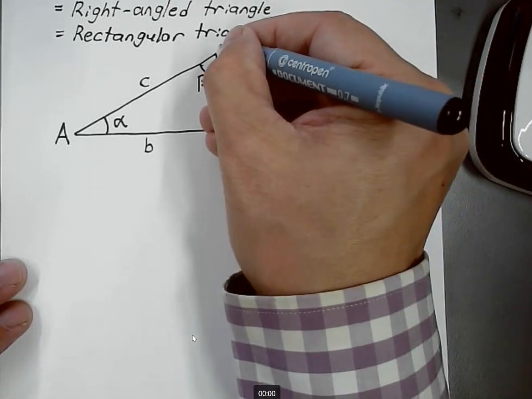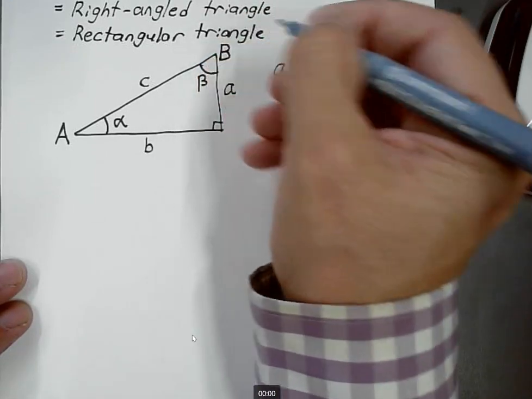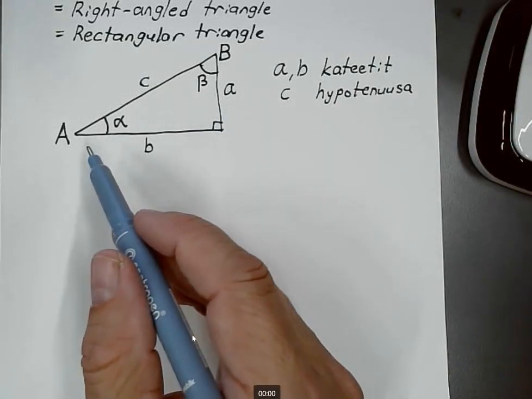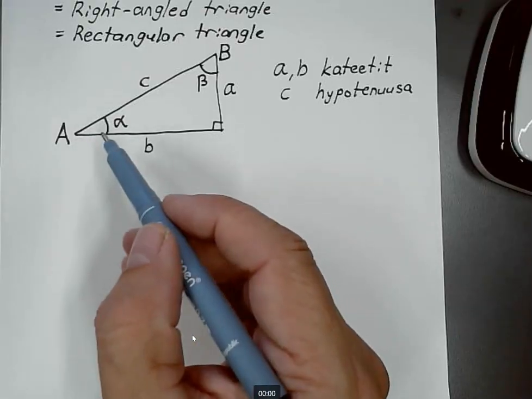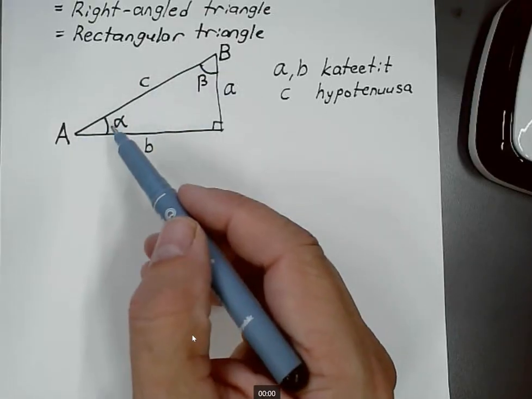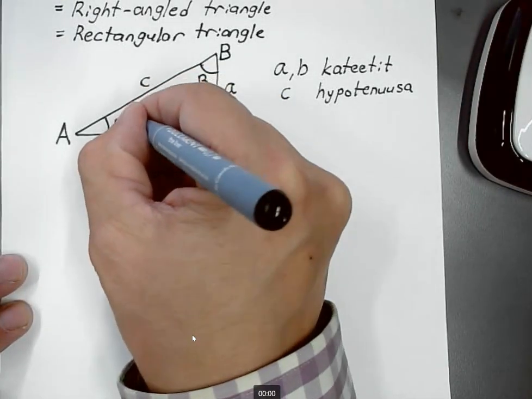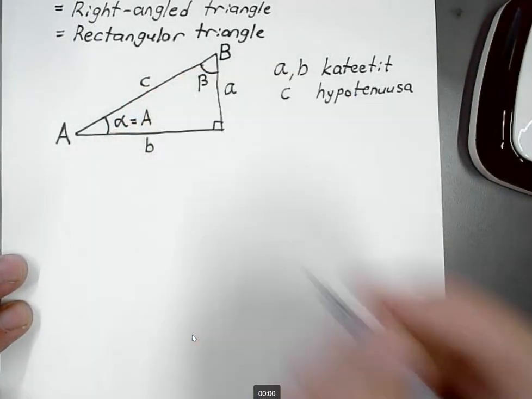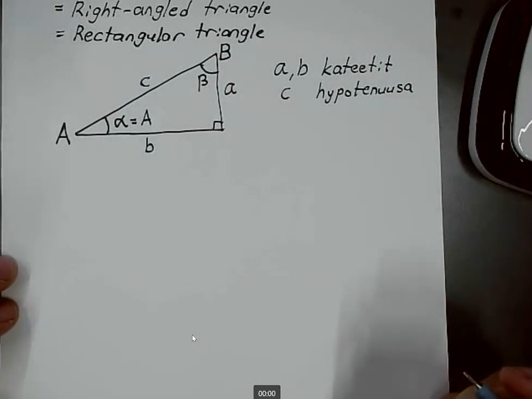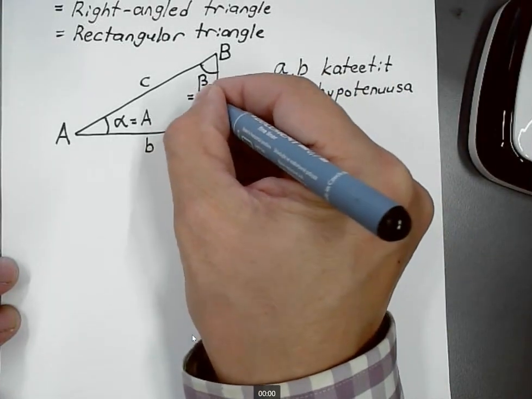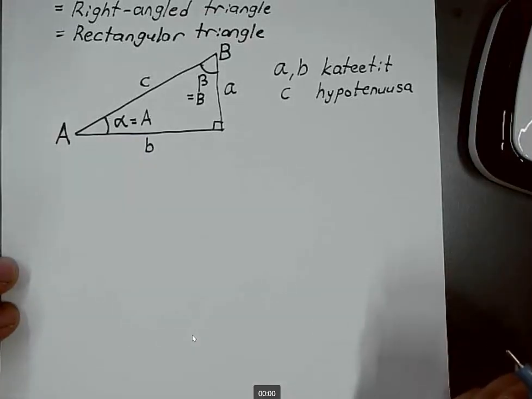This would be called big B or large B, and you may notate that point with that letter, or also that angle with that letter. So it is quite usual to use A for the name of this alpha and B for the name of this beta.